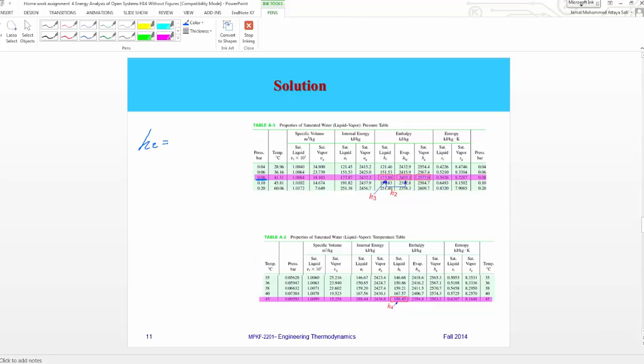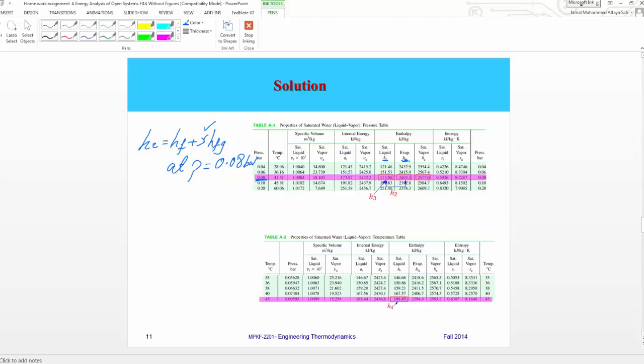So what I do is that H2 is equal to HF plus X HFG at P equals 0.08 bar. So this is where I go, and then I read this is HF and this is HFG.